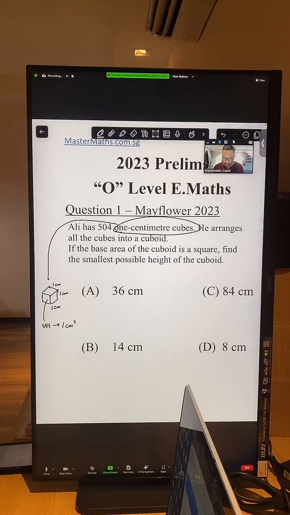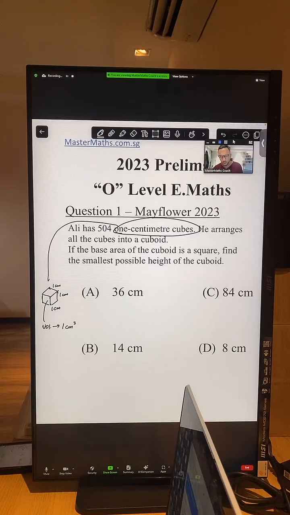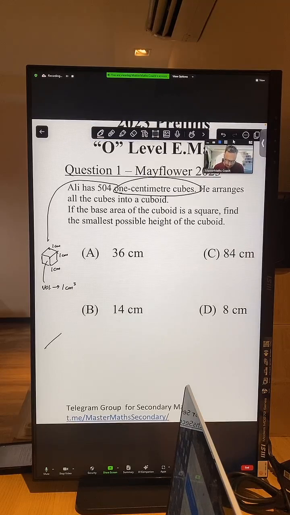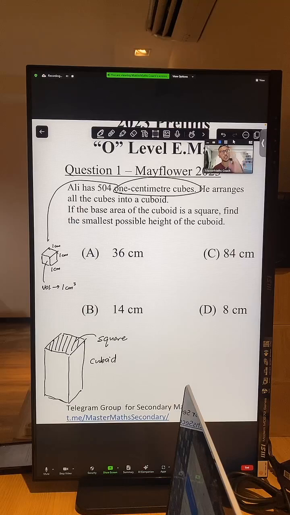Alright, so he arranges all the cubes into a cuboid. So what's a cuboid? A cuboid is something that looks like this. Why do they call it a cuboid? Because the cross-sectional area is a square, but it's not a cube.